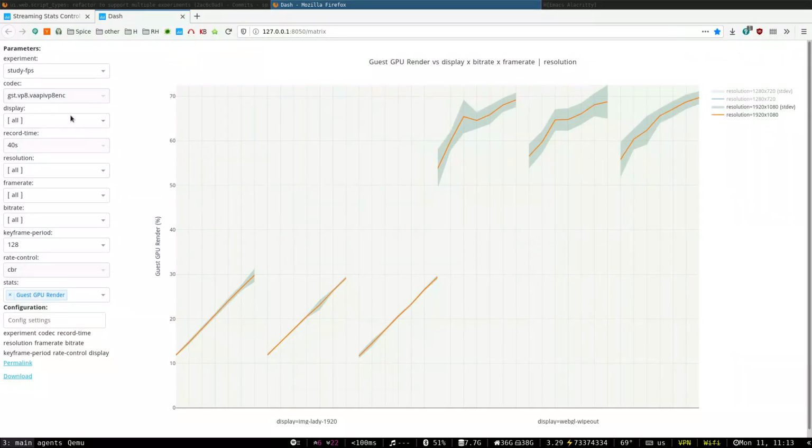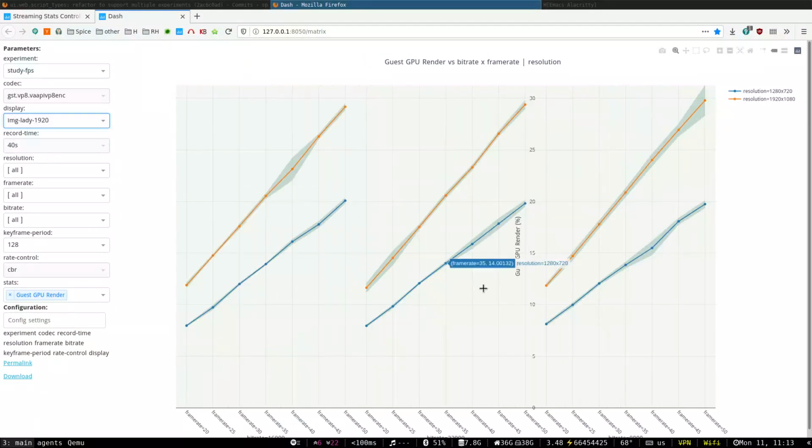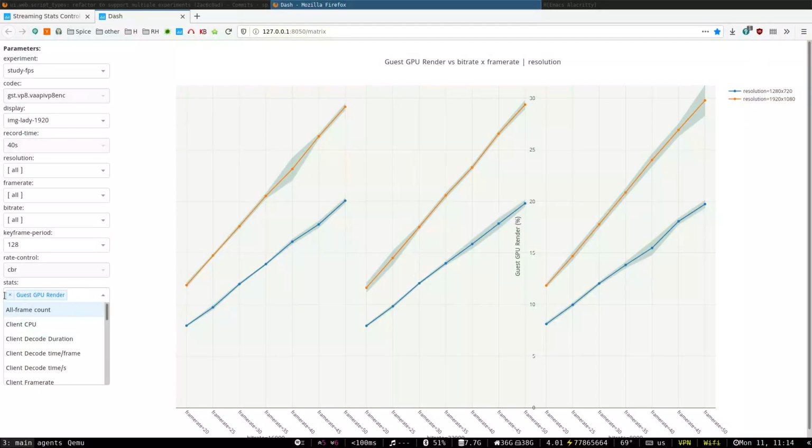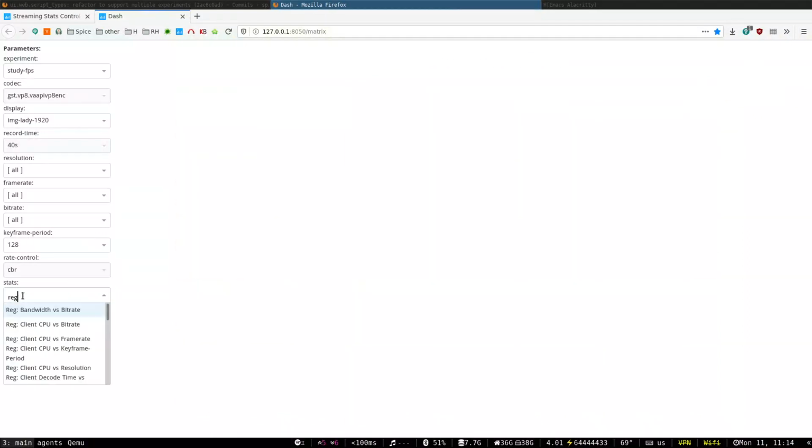We can also focus on the static image, and for our 2 resolutions, we see that, of course, the bigger the resolution, the higher the GPU usage, and same for the lower. Now, let's study the relationship between the frame rate and the GPU usage. So we select regression between the GPU and the guest with the frame rate.